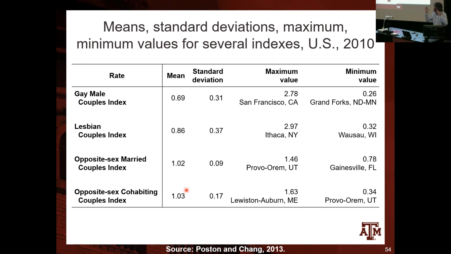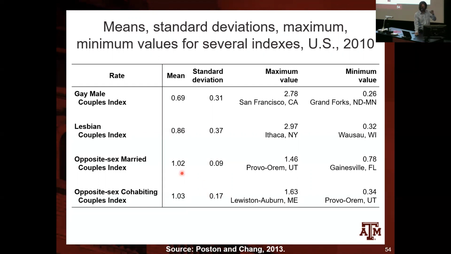But if you look at each one of the metropolitan areas that they have in their data, they see that households that have gay couples and lesbian couples vary. Their geographical concentration varies much more across these metropolitan areas than if you compare to opposite sex couples, both married and cohabiting.